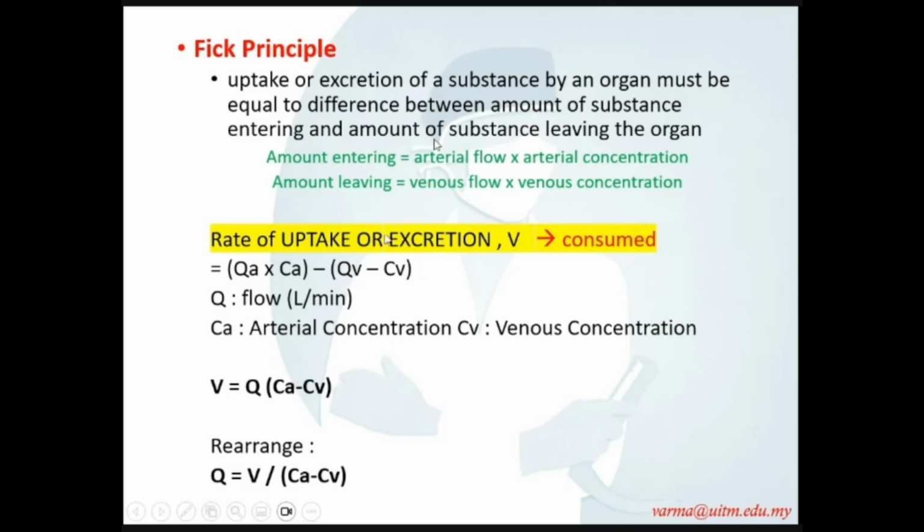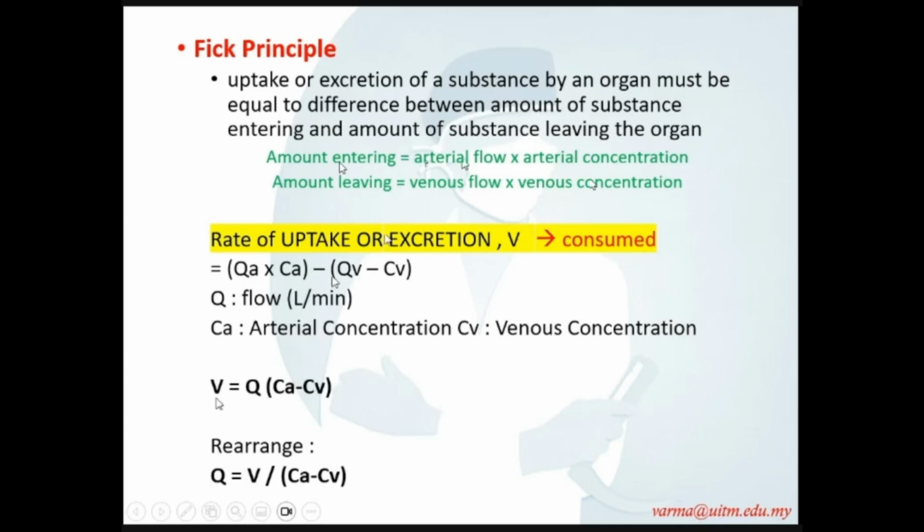That is the difference. If we talk about oxygen, the oxygen entering will be your arterial flow times the arterial concentration of oxygen, minus your venous flow times the venous concentration of oxygen. The blood flow is the same going in and out. The difference is the concentration. So you rearrange.